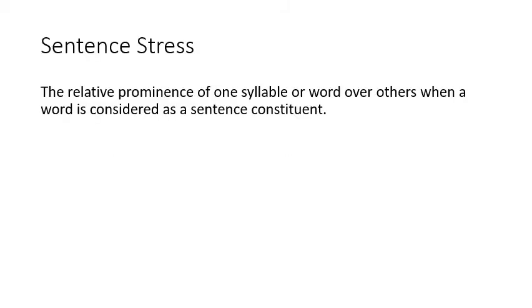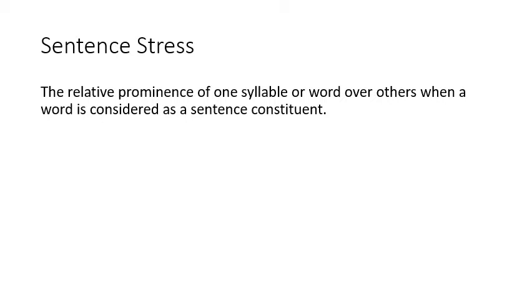Okay, what is sentence stress? Sentence stress is the relative prominence of one syllable or word over others when a word is considered as a sentence constituent. The relative prominence of one syllable or word over others. يعني بيكون في عندي مقطع أو كلمة إلهم سيادة أو مبينين أكتر من غيرهم.